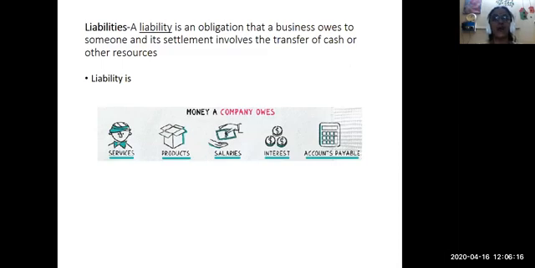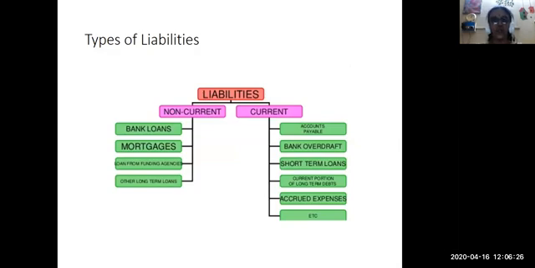Now coming to liability. Liability is an obligation that a business owes to someone, and its settlement involves the transfer of cash or other receivables. Okay, liability is also divided into current liability and non-current or long-term liabilities.